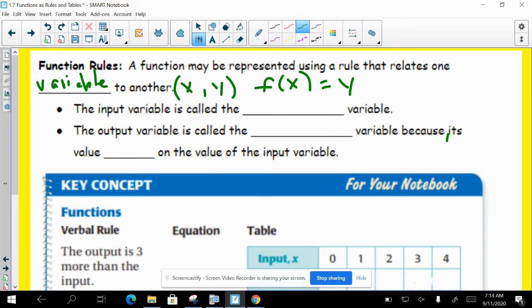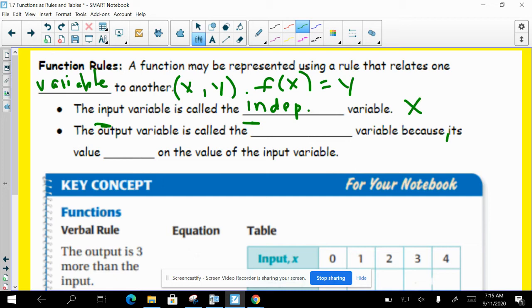F stands for function. So a function of x, a function whose independent variable is x. The input variable is called the independent variable, and you can think of that because input, independent. Input, independent. This is your x.